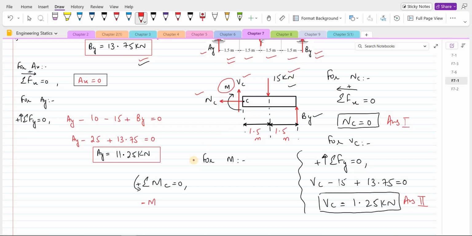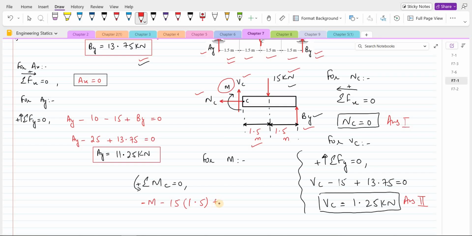This 15 kilonewton force is trying to rotate this section of the beam in clockwise direction about the point C. So the moment produced by this 15 kilonewton force will be taken as negative. So we have negative 15, and the moment arm is 1.5 meters. The support reaction By is trying to rotate the beam in counterclockwise direction about the point C. So the moment produced by this By force will be taken as positive.